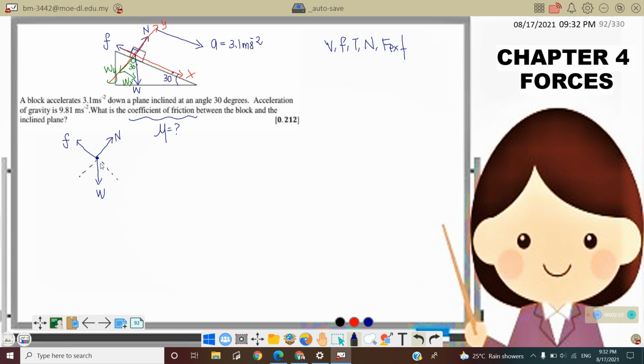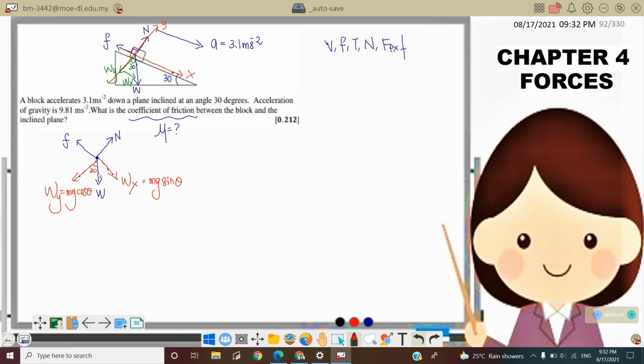This weight we can resolve into the X component, which equals mg sine theta, because the angle is 30 degrees here. And the Y component equals mg cos theta.